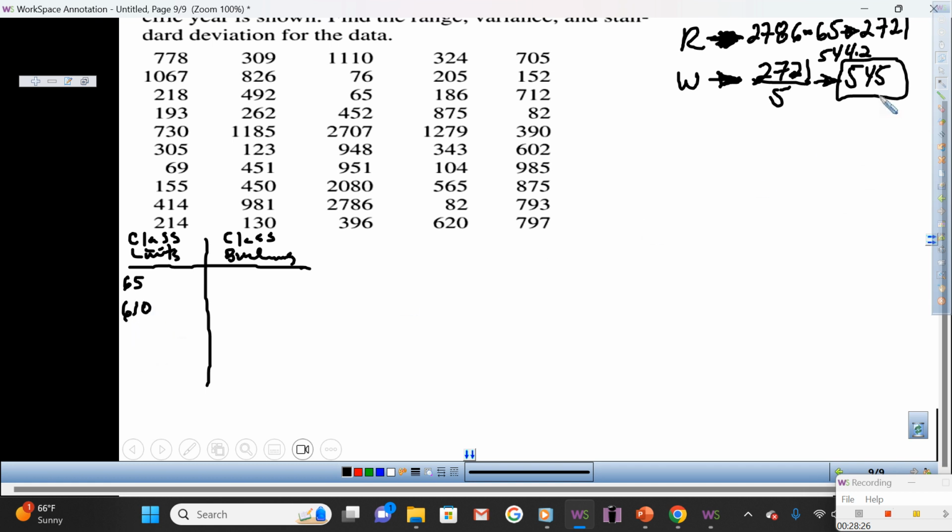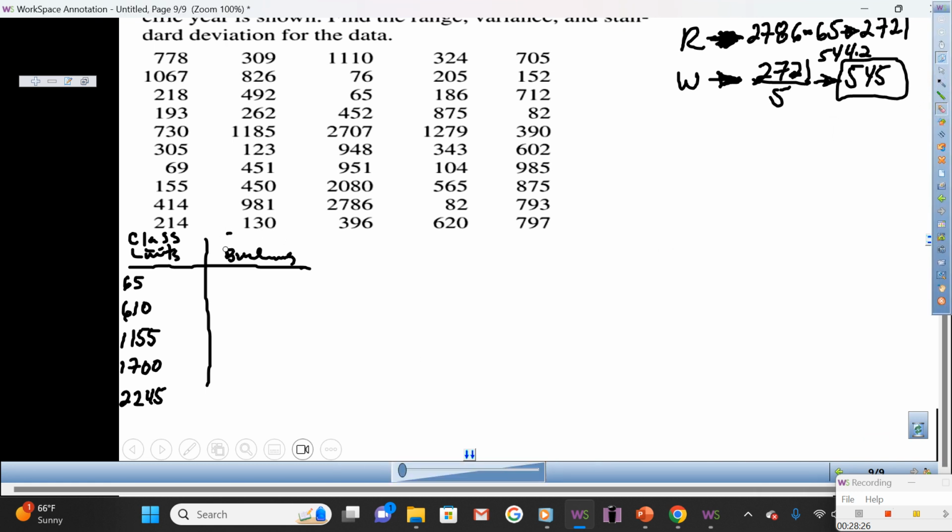And then we add 545 to that. So that's 1155. Then we add 545 to that. That gives us 1700. Is that correct? And then add 545 to that. That's 2245.